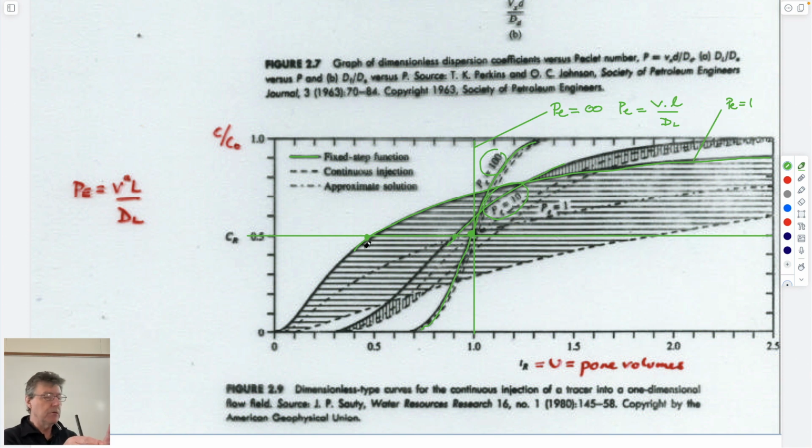So you'd think that the front would have moved only halfway along the core, but you're getting 50% concentration already after you've done that. Actually, it's 40%, 0.4 of a pore volume. And so the question is, that seems kind of strange. I suppose you could ask yourself why that might be. And a quick diagram would suggest exactly why that would be.